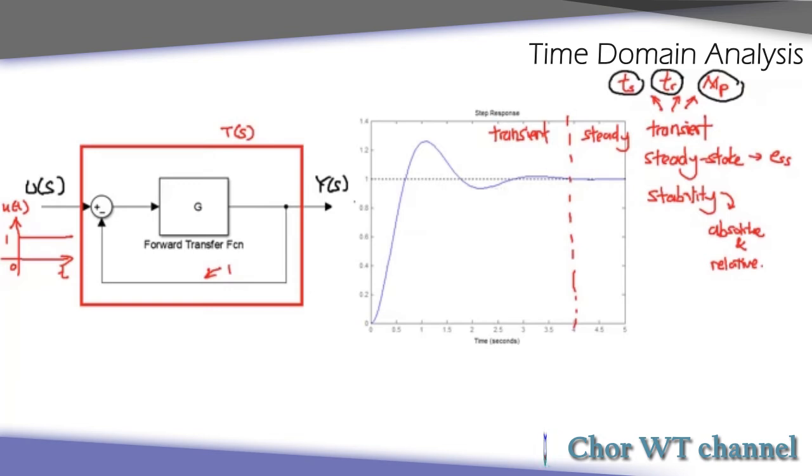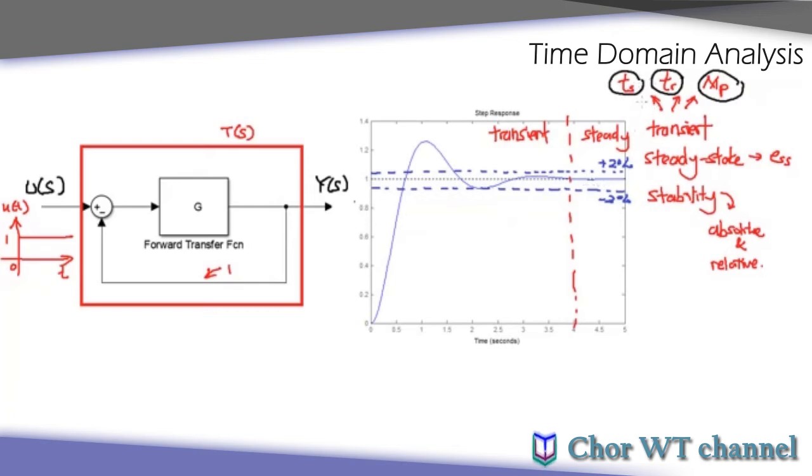We follow the 2% criterion. We look at the final value of the system and at two boundaries: the upper boundary is plus 2% and the lower boundary is minus 2%. The time needed for the system to settle within this range is called the settling time.